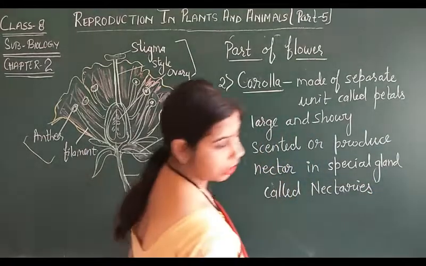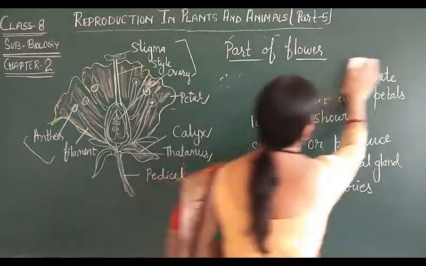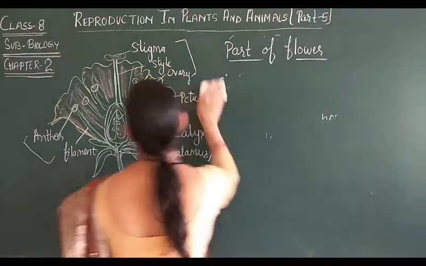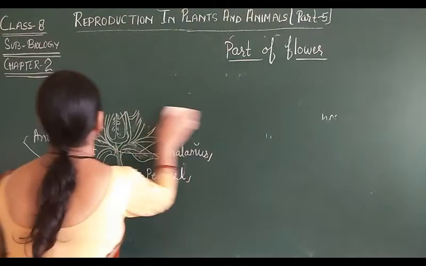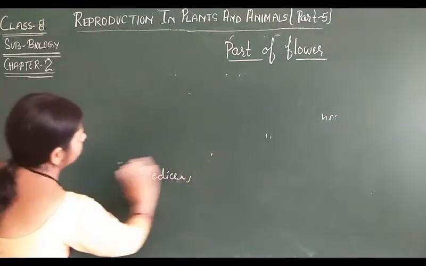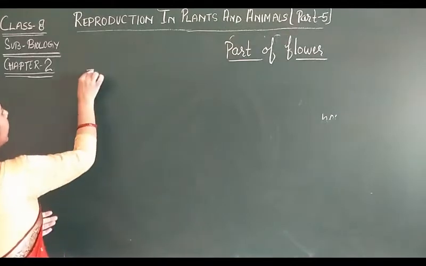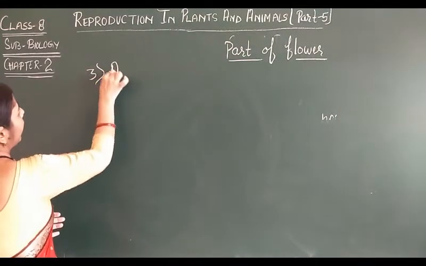Okay, now the next part of the flower. Now I am going to erase the diagram over here. So the next part, the third part, is known as the androecium.